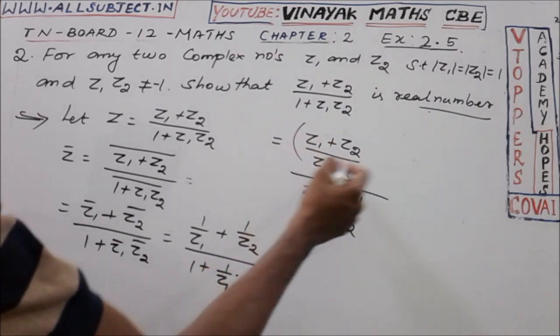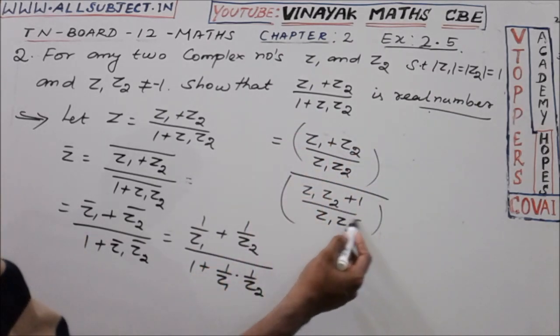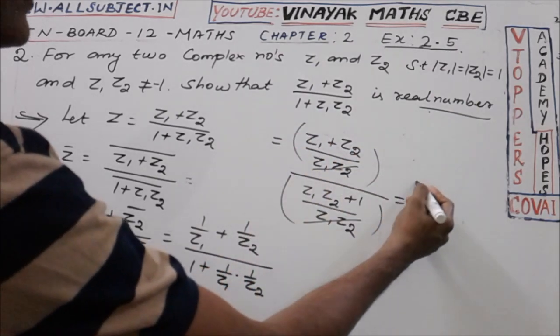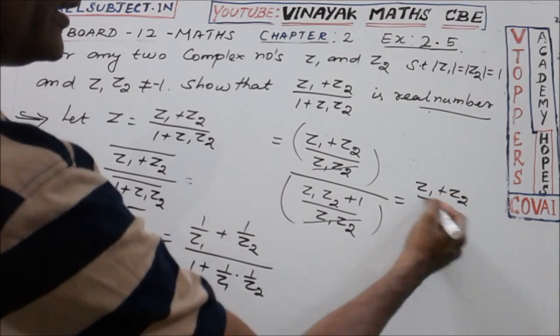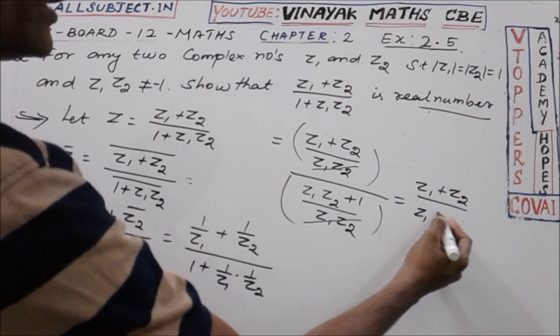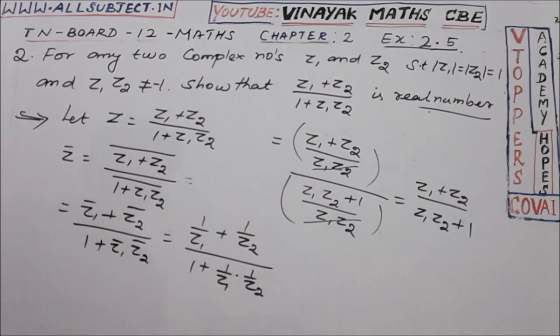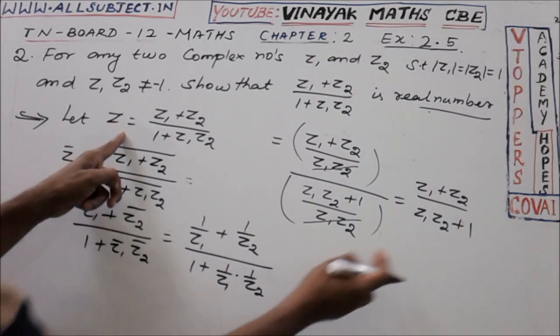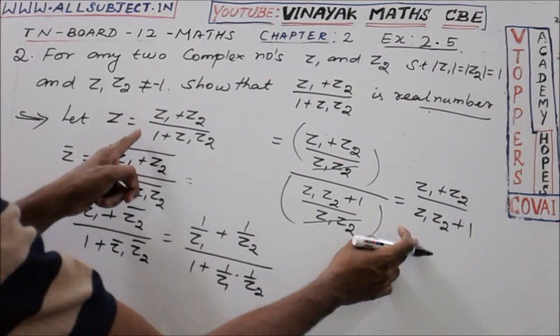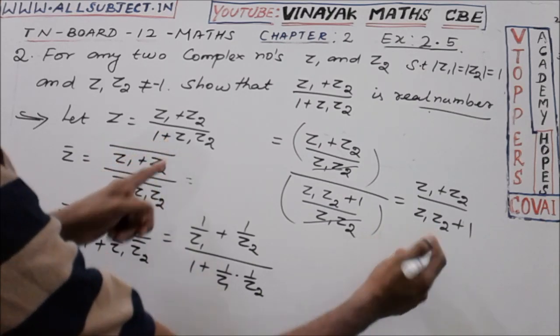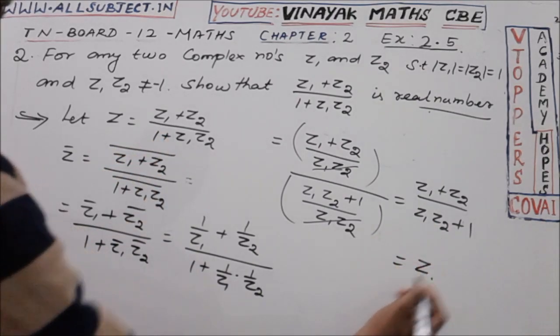We can eliminate the denominator here, which implies (z1 plus z2) by (z1 z2 plus 1). Look at the value of z, both are equal: (z1 plus z2) by (1 plus z1 z2) is equal to z.